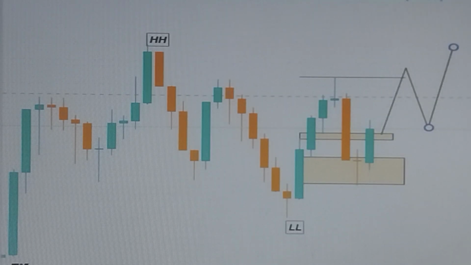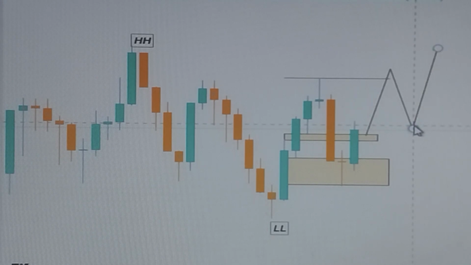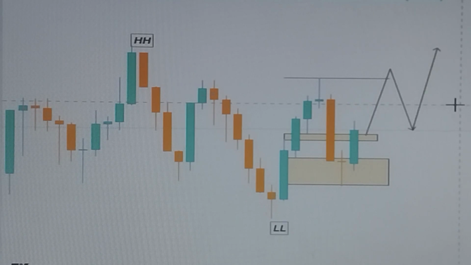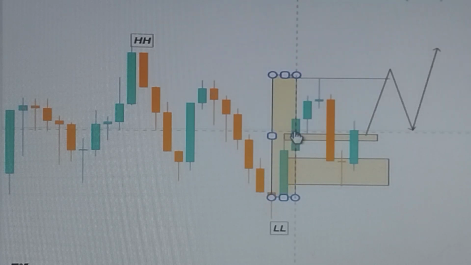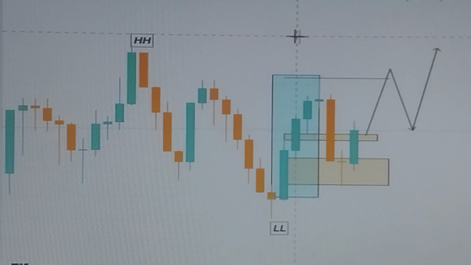Okay, so our main target in this price is to make sure that we deliver the price on our buy side liquidity. So when the market moves up, like we see this movement right here of the bullish trend, this is the movement that gave us a buy side delivery.